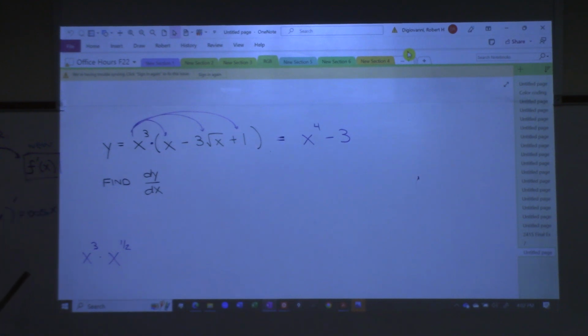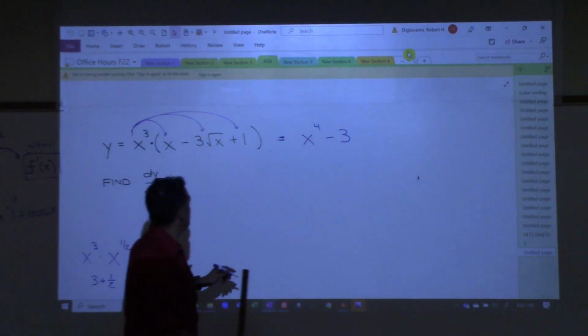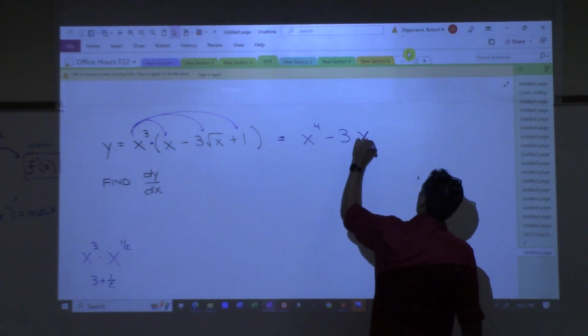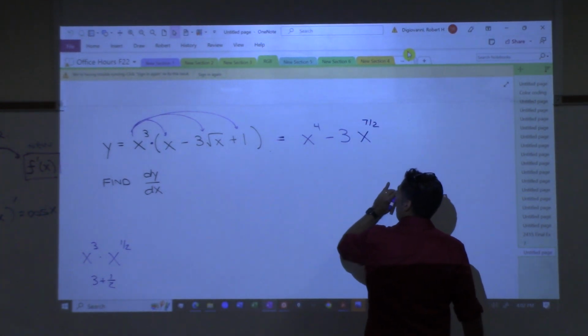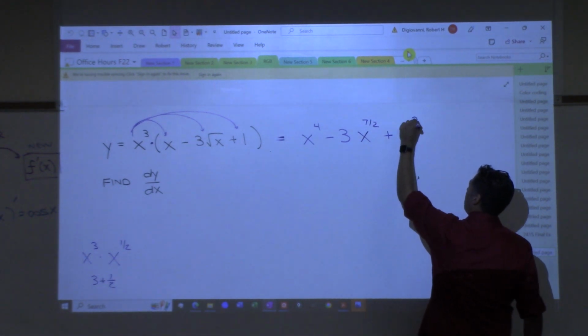So how many halves do you wind up with? 3.5 is correct, but we need it written as an improper fraction. What is it? 7 over 2, 7 halves. So all we're doing is 3 plus a half there. Getting a common denominator, 6 over 2 plus 1 over 2, 7 over 2. So x to the 7 halves. And plus what? X to the third.